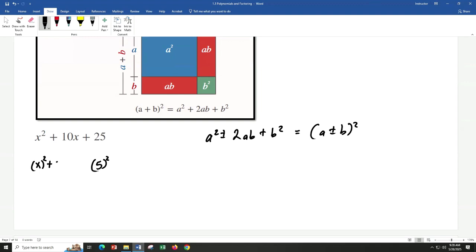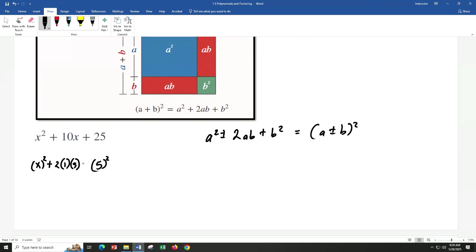Well, isn't that 2 times what? What's your leading coefficient? A 1. So there's still a 1 there, but the square root of 1 is 1. So wouldn't this just be 2 times 1 times 5? And don't forget there is an x.